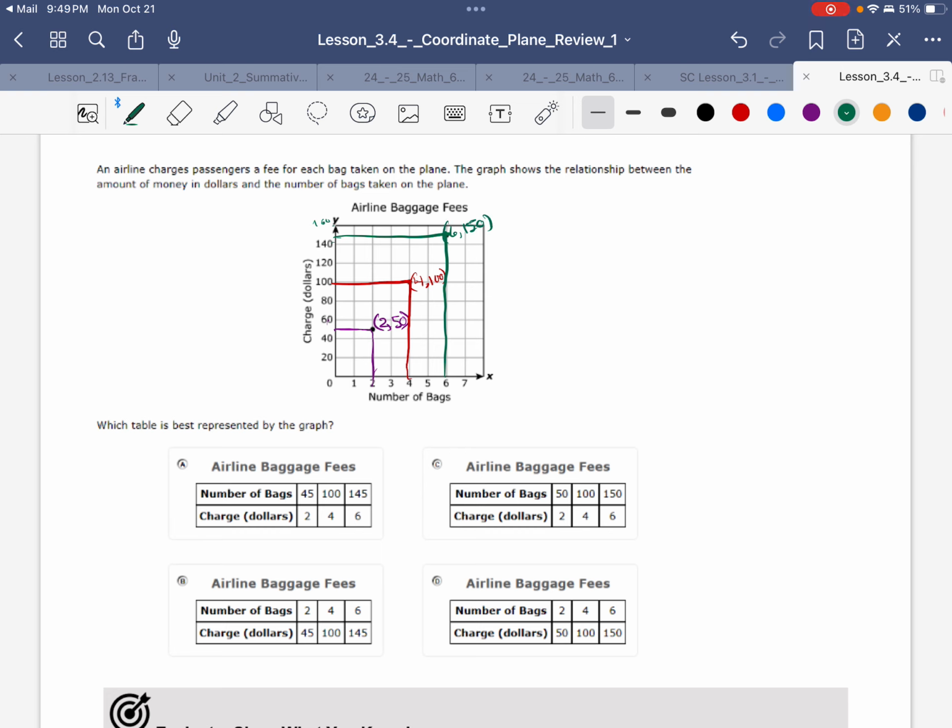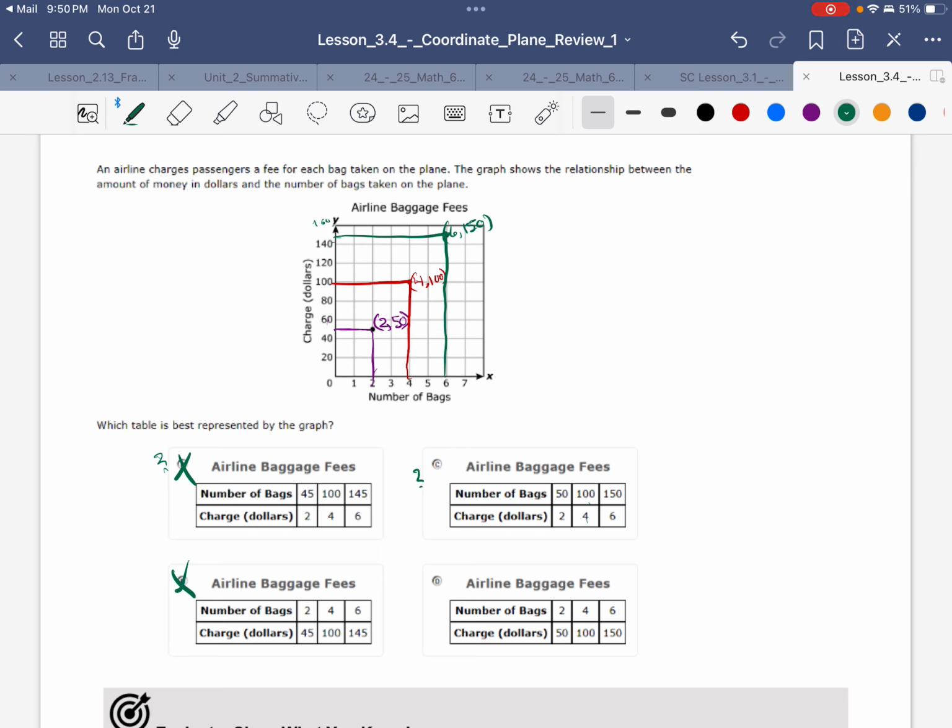So now we see, do we see any of those? 2 and 45, maybe, because it is in between there, so we can put a question mark, but I think it's 50. Oh, here's a 2 and 50 with C. So this is definitely a potential. 2 and 45, 2 and 50. So I'm going to say these are out, because we know that that's 2 and 50. Now look, got 4 and 100.